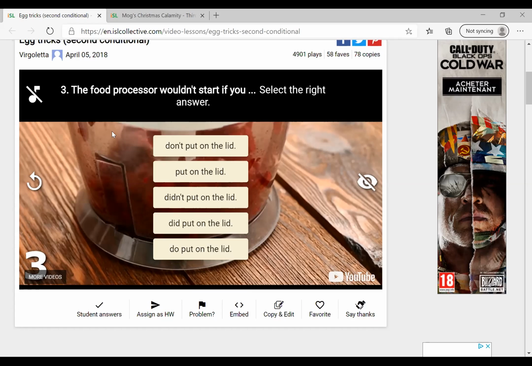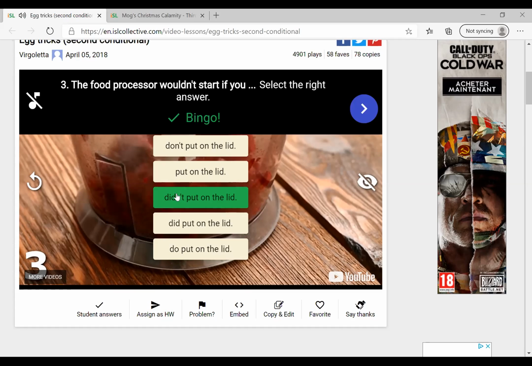So the food processor, this machine, wouldn't start if you didn't do something, right? It means switch on. The lead is a covering. Ah, yes. So if you didn't put on the lid. Lid. This is the covering on the top. It's called a lid. If you didn't put on the lid.